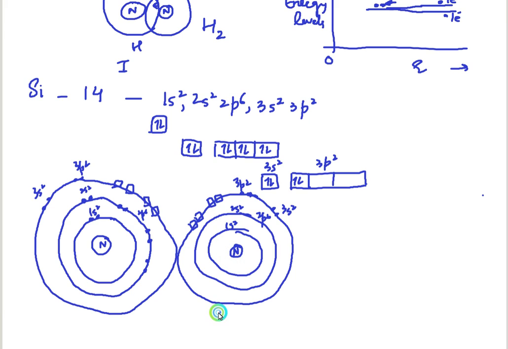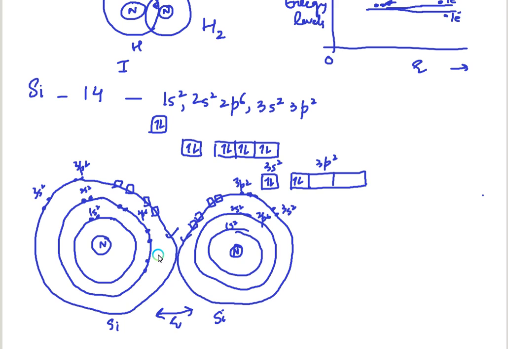So again this is one silicon atom and this is another silicon atom. When they are interacting, r is the distance between them. When the distance between the two is reducing and they are coming closer to one another, the outer energy level interacts with the outer energy level. Only those energy levels can interact which have the same energy.